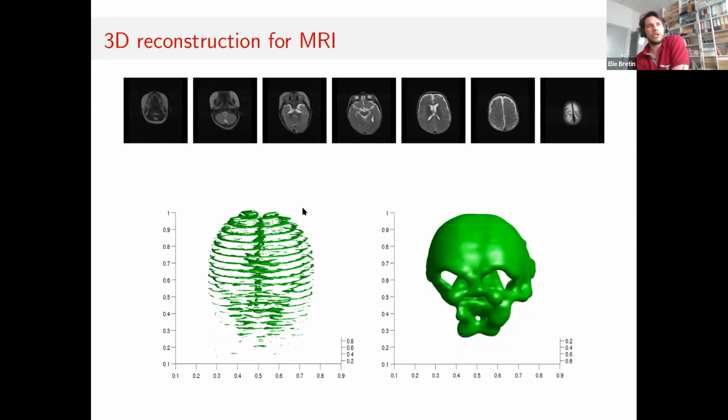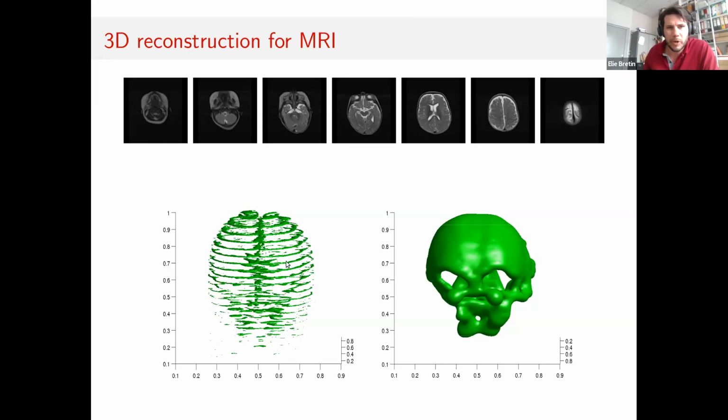Another example of application which we focused on recently is 3D segmentation reconstruction for magnetic resonance imaging. If you consider this kind of data, it would be interesting to have a segmentation of the volume, but we have only information on each slice, which is a 2D segmentation. And the problem is to obtain a 3D segmentation which succeeds in connecting the different slices.